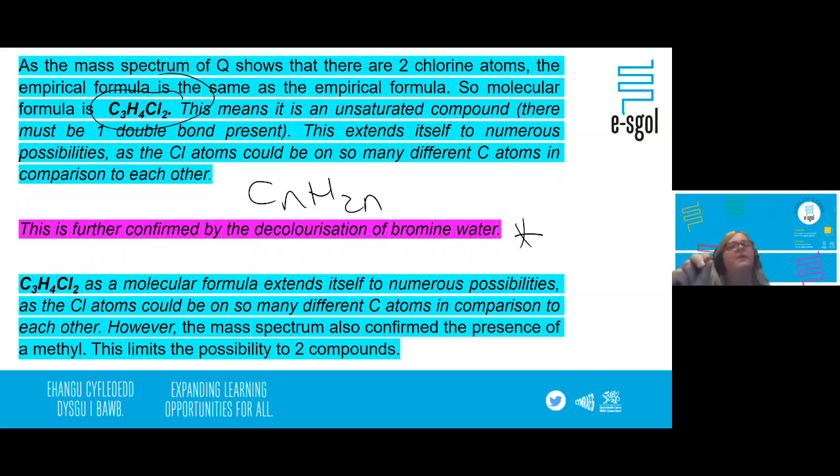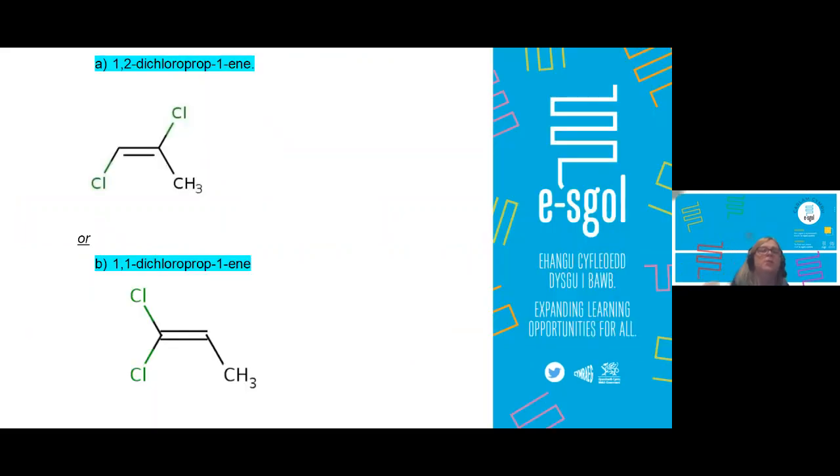Either both the chlorines are on the same carbon, which is the unsaturated carbon, or it's 1 on each of the unsaturated carbons. It could either be 1,2-dichloropropene, or it could be 1,1, having both at the same terminal carbon of that chain.